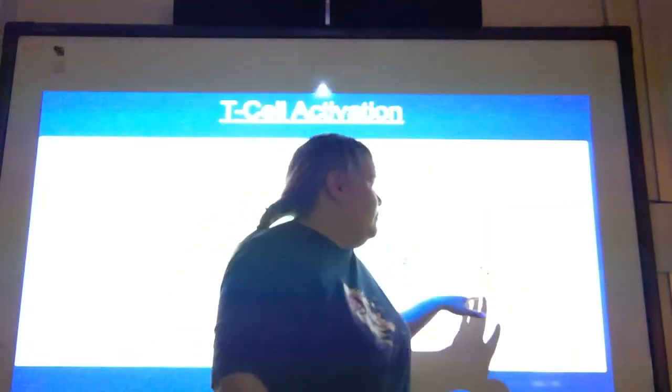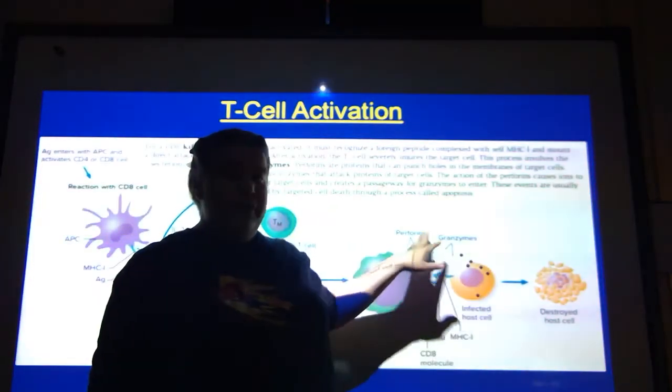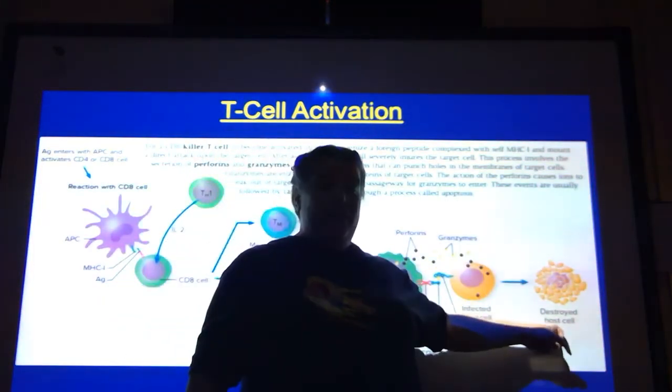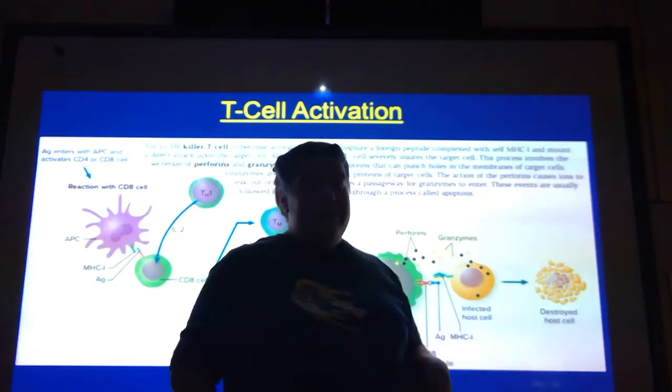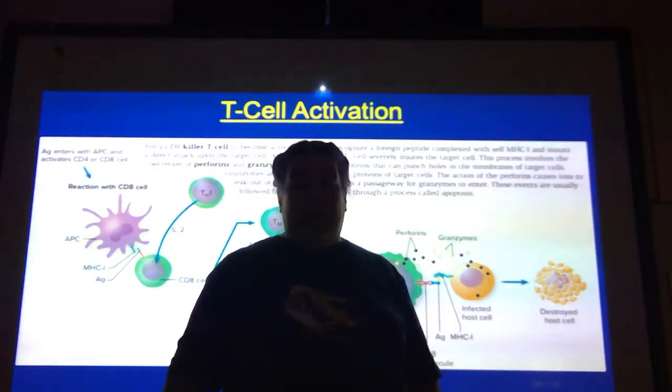Apoptosis is cell suicide. It's programmed cell suicide. So granzymes go to where this program is that causes this cell to commit suicide, and it turns that program on so that the cell kills itself. So you have perforins, granzymes. Either way, the cell that is housing that multiplying virus is going to die.